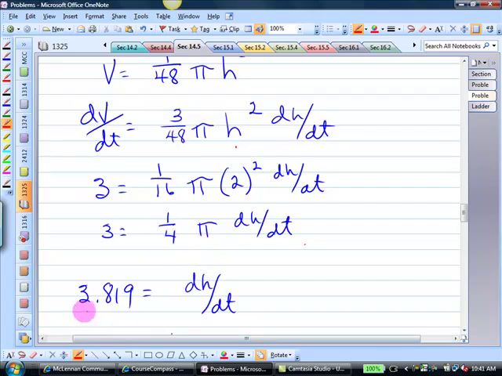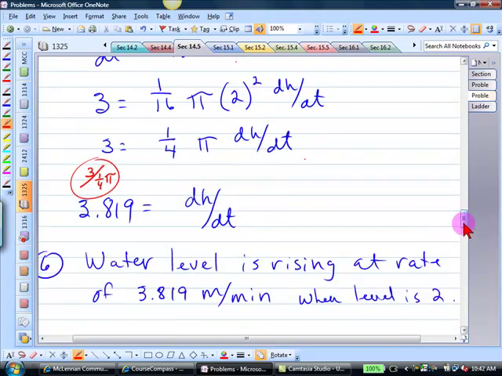Divide by 1/4 pi, so that's 3 over 1/4 pi. And you should get 3.819. Make sure that you can get that. The water level is rising at a rate of 3.819 meters per minute when the level is 2.